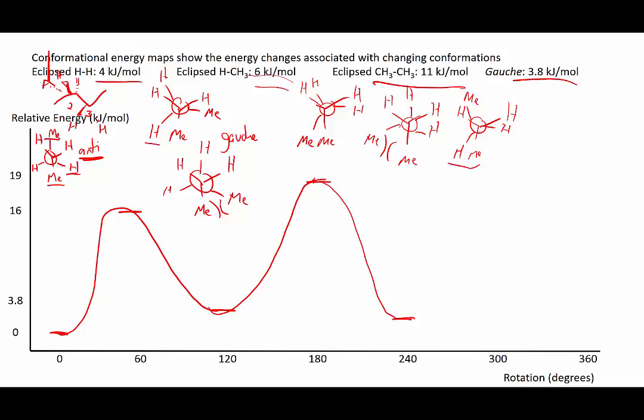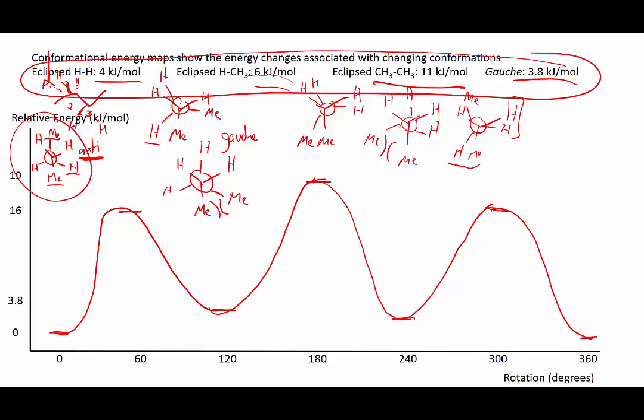That's 6, 12 plus 4 more here gives us another 16. And if we rotate it again, we go back to our anti-conformation, which we originally drew here, which is our lowest energy state.